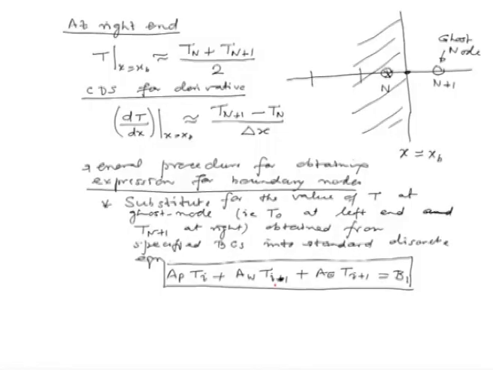So, at the left end Ti minus 1 would become T0. So, we have to eliminate it: get the expression for T0 either from Tb is equal to T1 plus T0 by 2 if Dirichlet boundary condition were specified, or from the flux specification solve for T0, substitute that in this equation and get a modified discrete equation for that node. So, I would leave the completion of this task as an exercise.